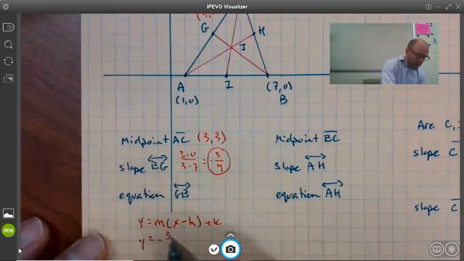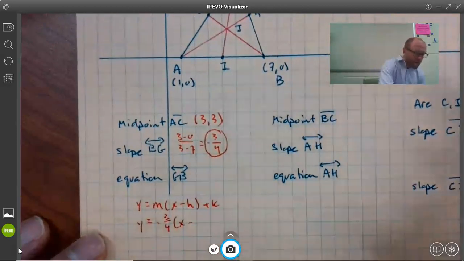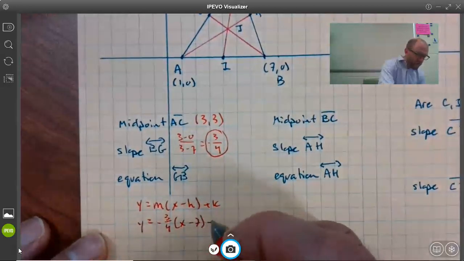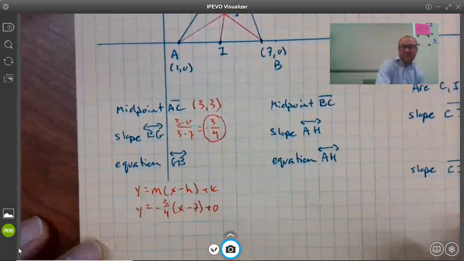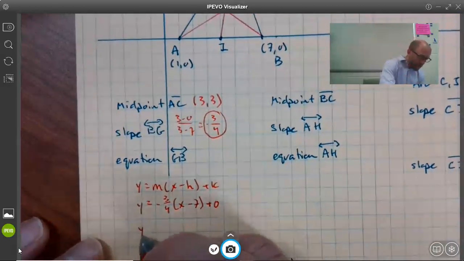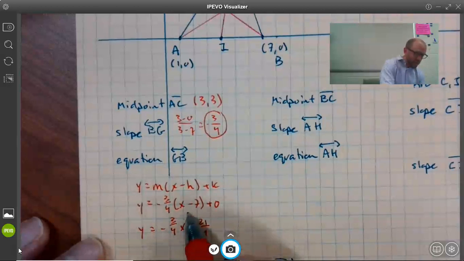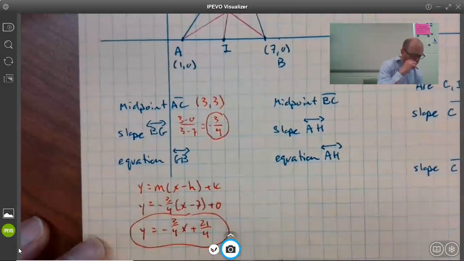Y equals negative 3/4 times x minus, we could pick either point, I'm going to pick this one, 7, plus 0. I picked that one because it has 0 in it. So y equals negative 3/4 x plus 21/4. So there's our first equation.